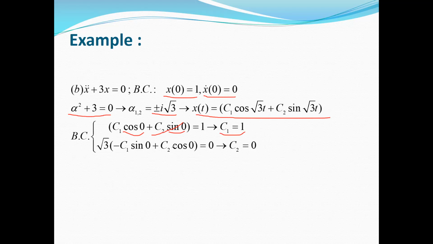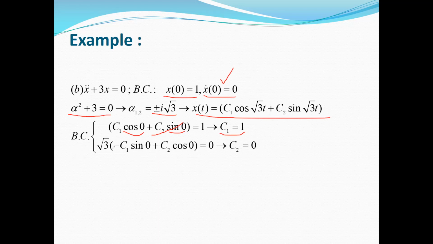But for this part 2, the second initial condition, we need to obtain x dot, which here is equal to c1 times minus square root of 3 times sine square root of 3t, plus c2 times square root of 3 times cosine square root of 3t.